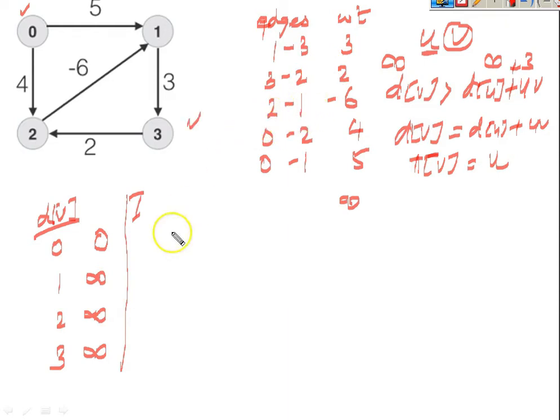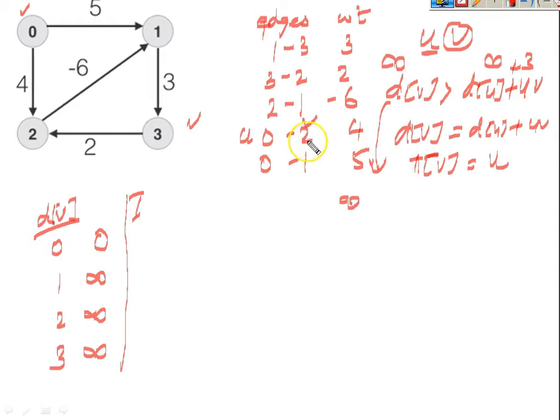Now 2 to 1, 2 is infinite, 1 is infinite, we are not going to change anything because both are infinite. Now look here, the d value of 0 is 0. So I am using this formula here. This is u here and this is v.